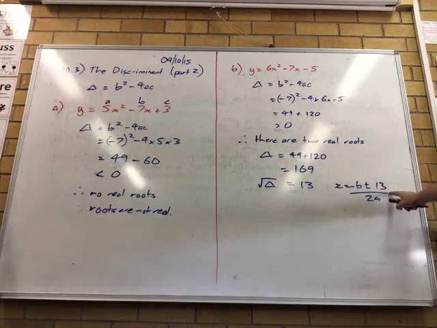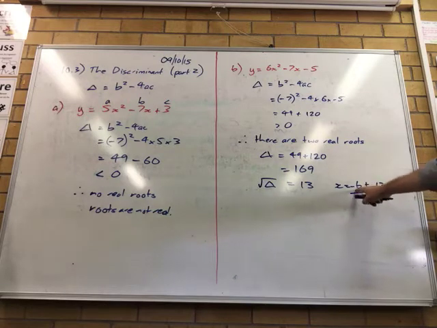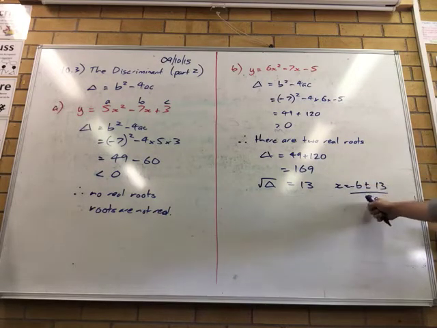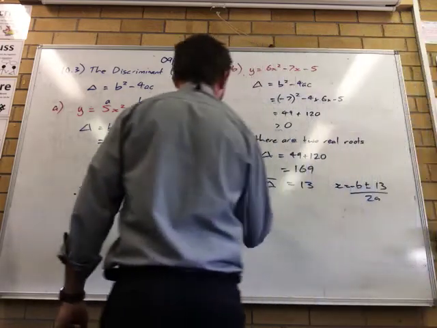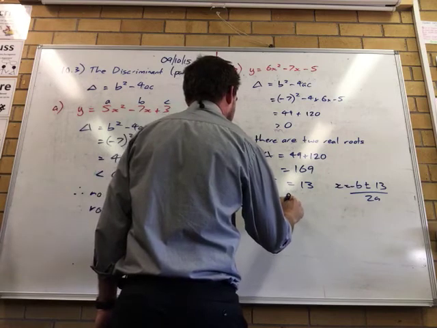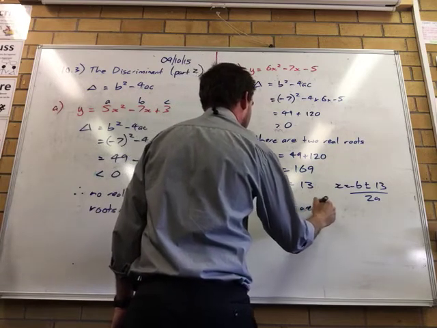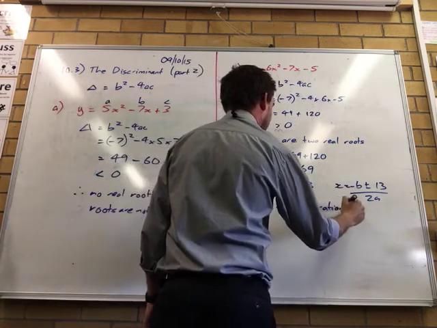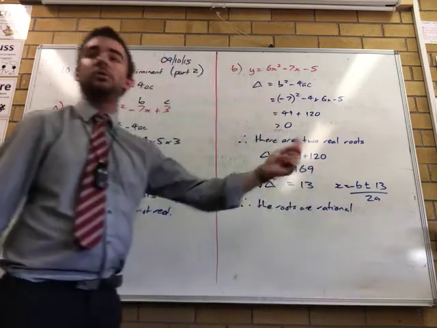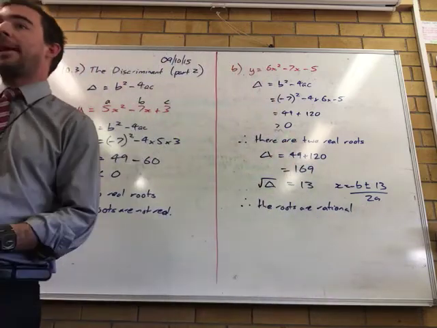Because you've got the 13, you're going to be adding or subtracting another integer, and dividing by another integer. So that means the roots are rational, because 169 is a perfect square.